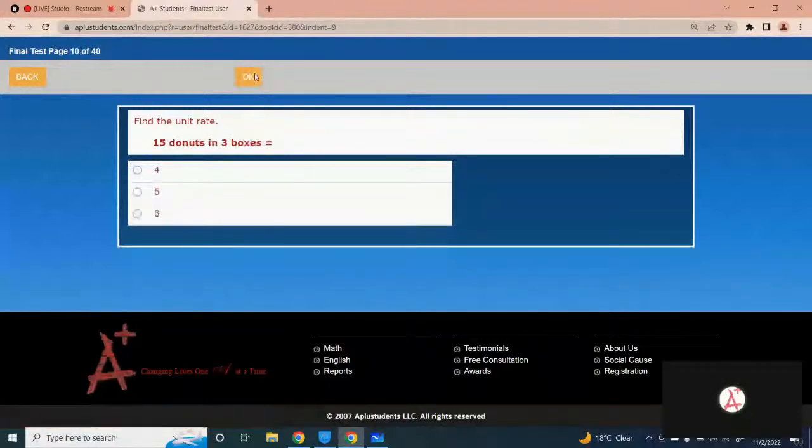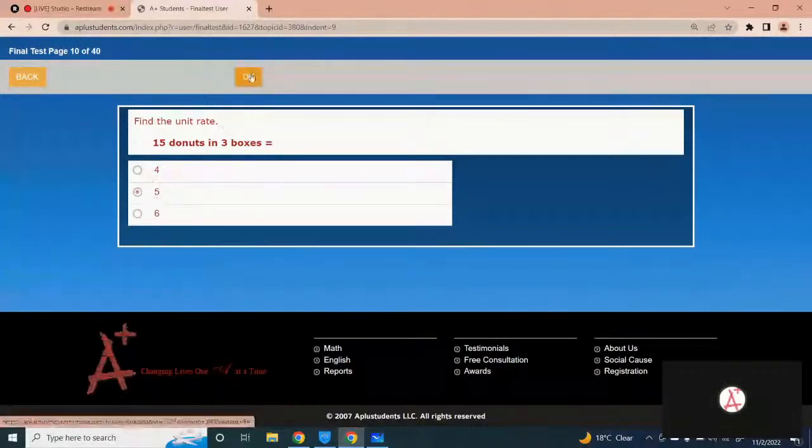Okay, 15 donuts in 3 boxes. So how many donuts in one box? 3 times 5 is 15.